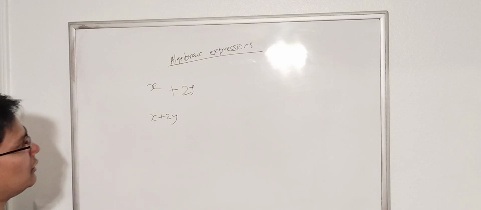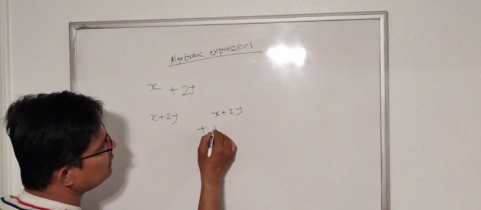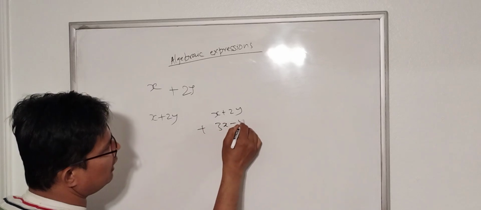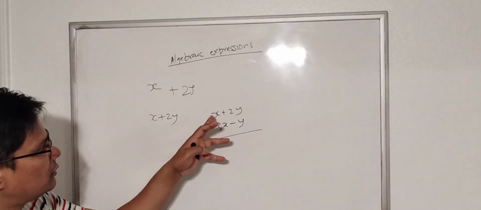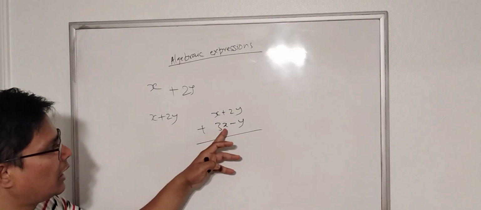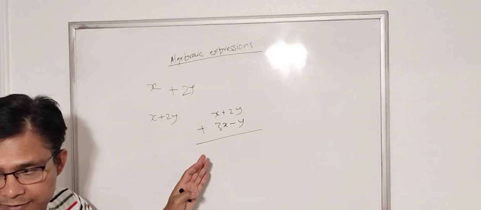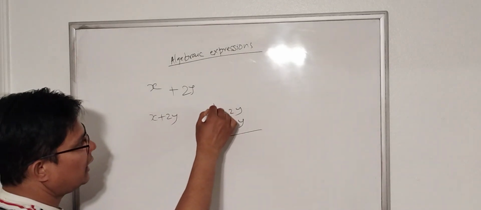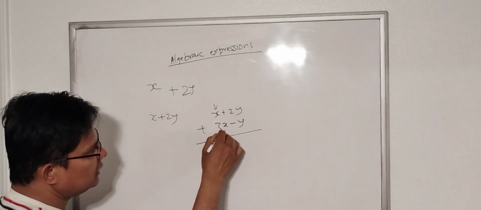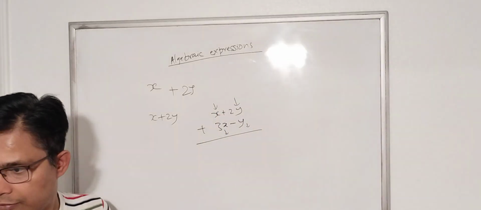Now let's say another one, x plus 2y plus 3x minus y, okay. So both the expressions have x and y, and we have to add these two expressions. So what we have to do, we have to add this x with this 3x, this y with this minus y, okay.